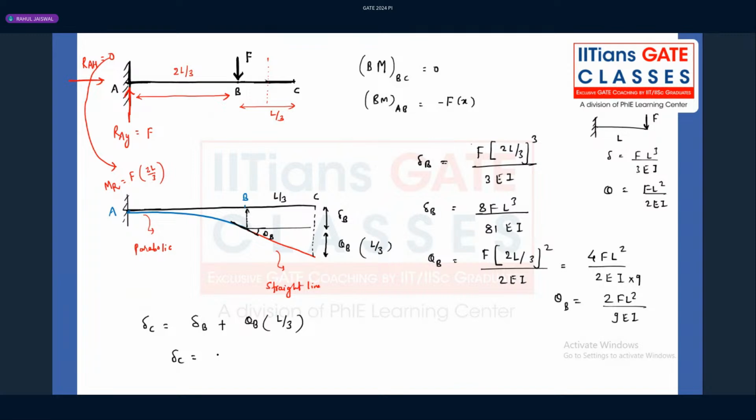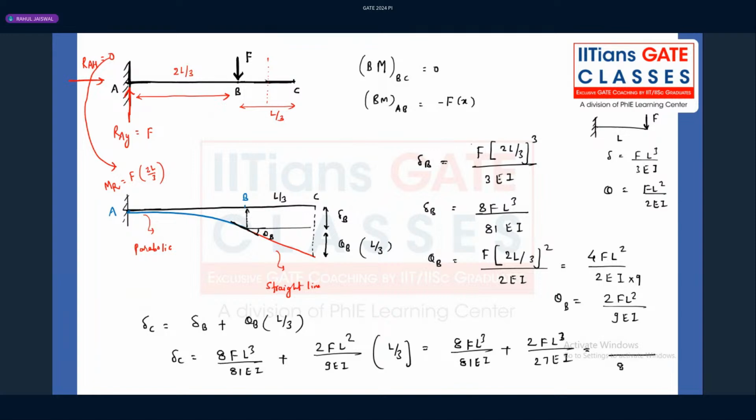If you put into this formula, delta C is nothing but delta B, 8FL cube over 81EI, plus theta B, which is 2FL square over 9EI, into L by 3. So 8FL cube over 81EI plus 2FL cube over 27EI.